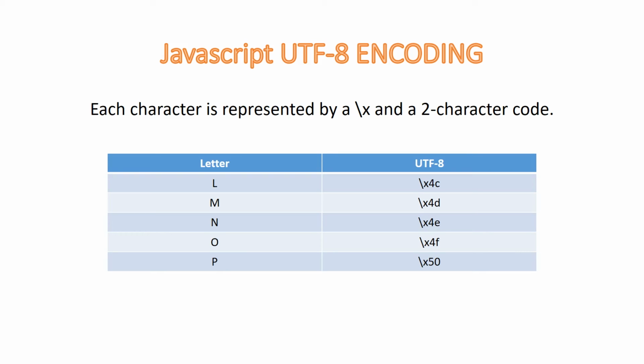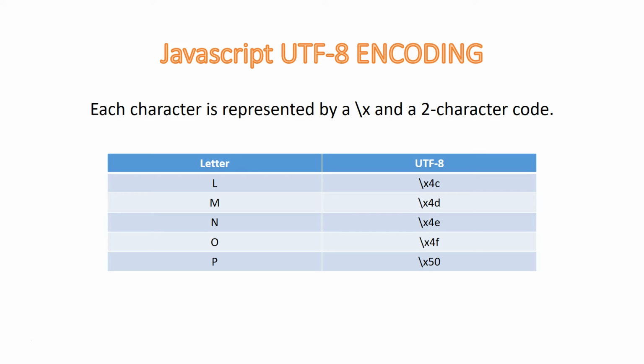For example, the letter L is represented by 4C, the letter M is represented by 4D, the letter N is represented by 4E, the letter P is represented by 50, and in JavaScript, when you write a character in UTF-8, you precede that with a slash and then an X and then the 2-character code, which is exactly what this virus did.